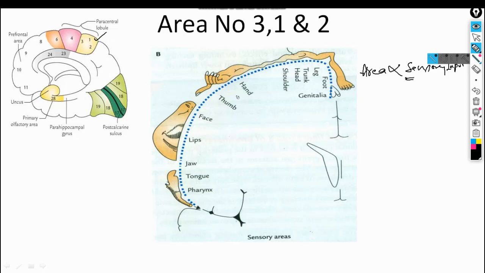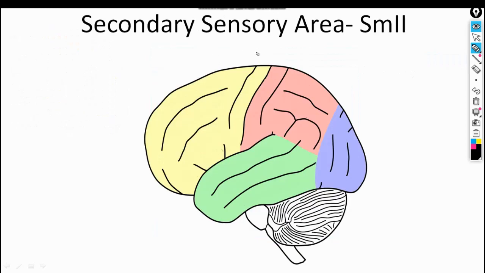Clear? The secondary sensory area is present at the inferior part of areas 3, 1 and 2, the primary sensory area. Clear?